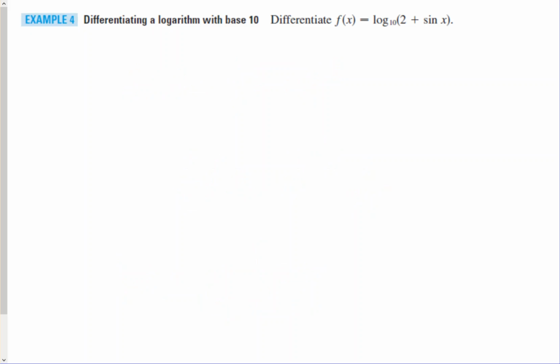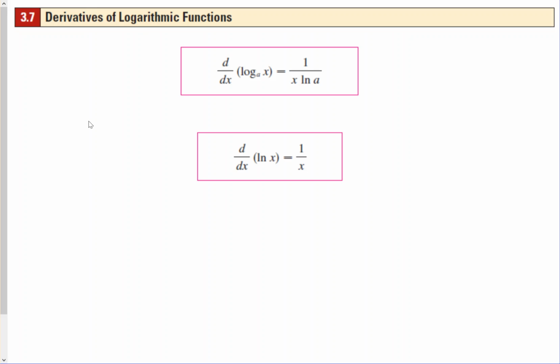Differentiate f of x equals log base 10 of 2 plus sine x. So to differentiate this function, we would look back at the first formula we have up here. So log base a of x, its derivative would be 1 over x, the argument, times ln of the base.